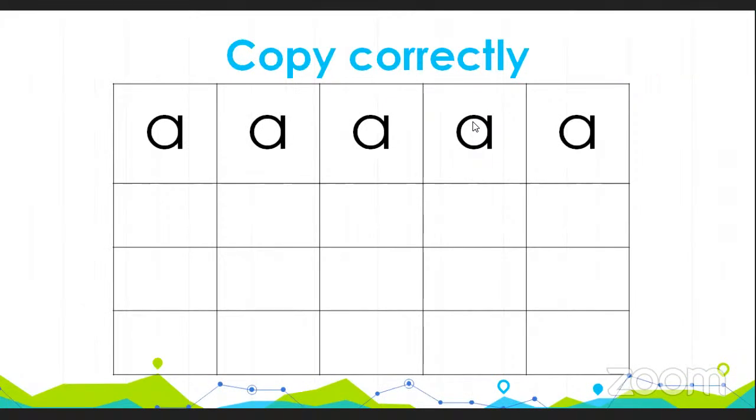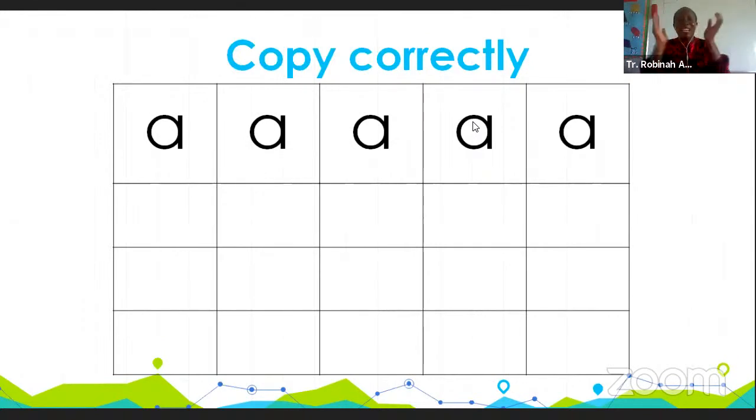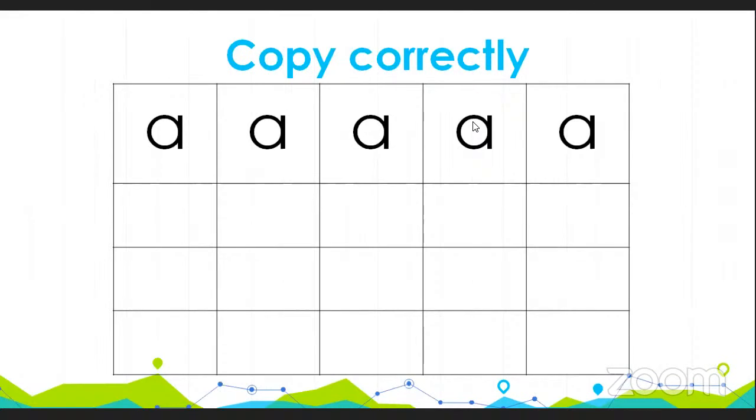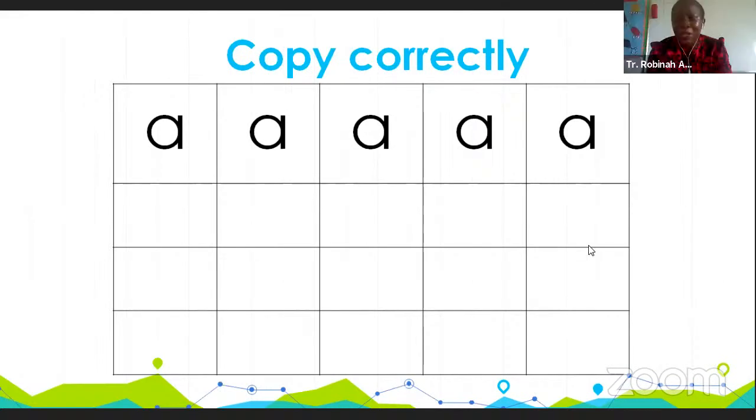Very good. Lovely, and nice. We are going to copy sound ah correctly. And how do we write sound ah? Let me first show you how we write sound ah.